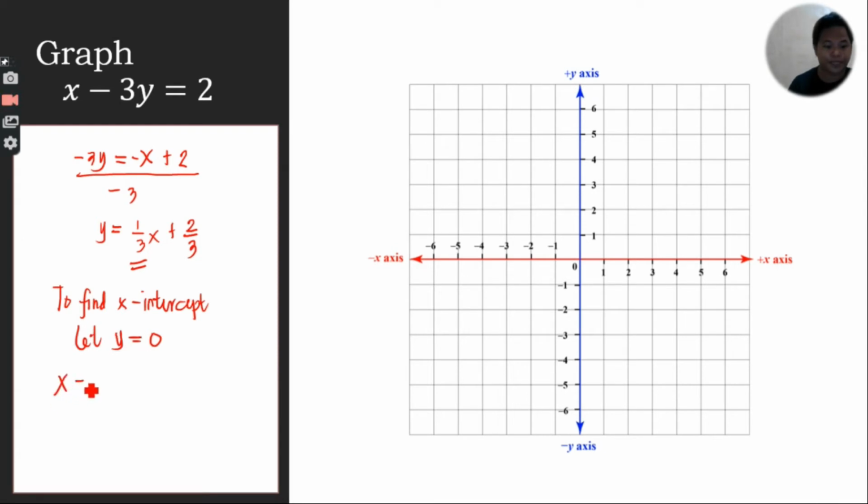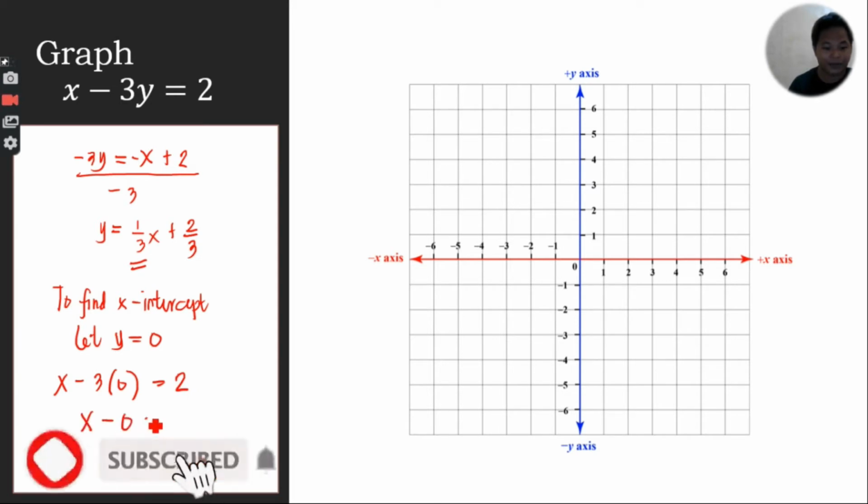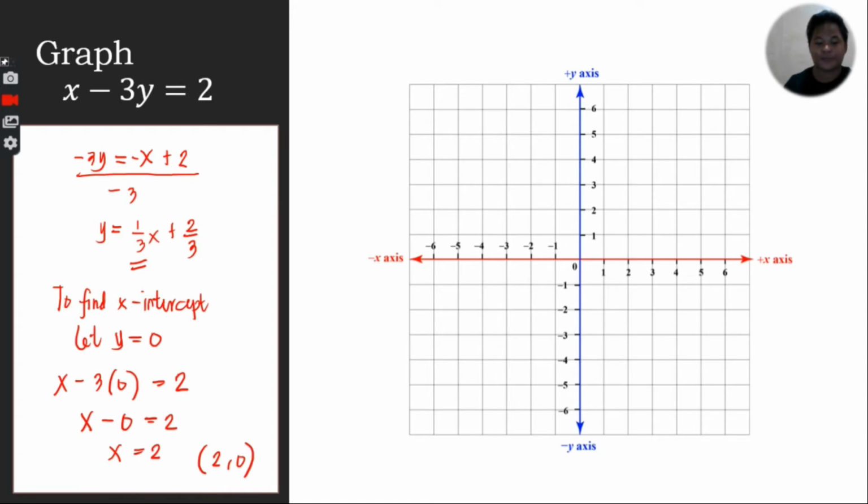So therefore, x minus 3 times 0 is equal to 2. X minus 0 is equal to 2. Therefore, x is equal to 2. And the x-intercept now is (2, 0). This means that the graph crosses the x-axis at positive 2. So we have this point.